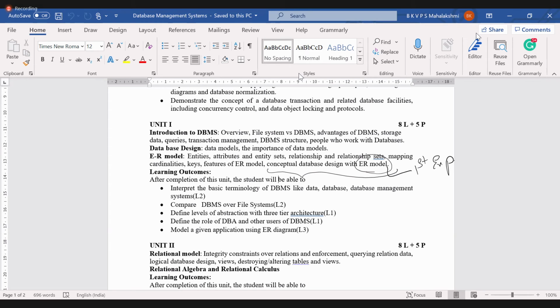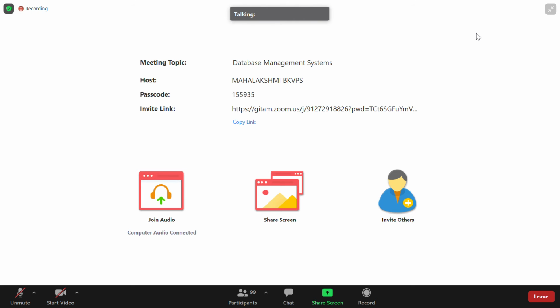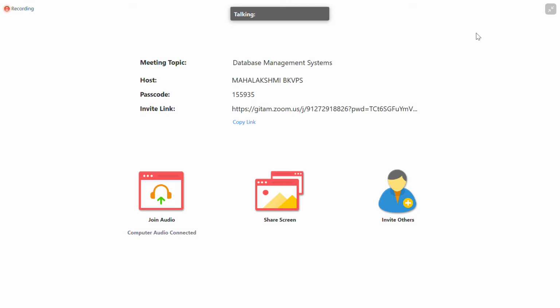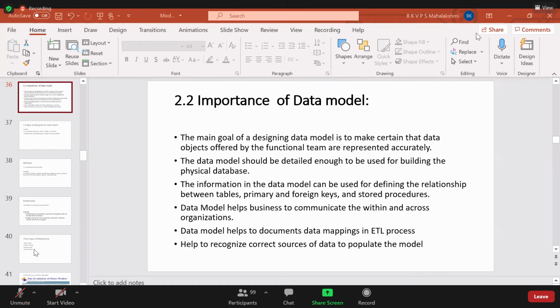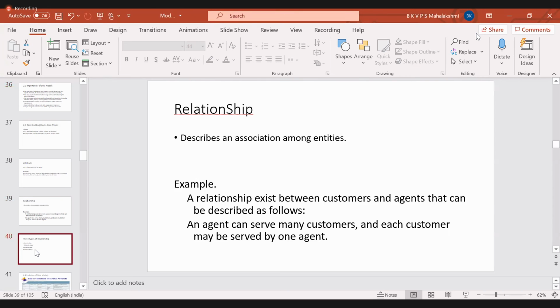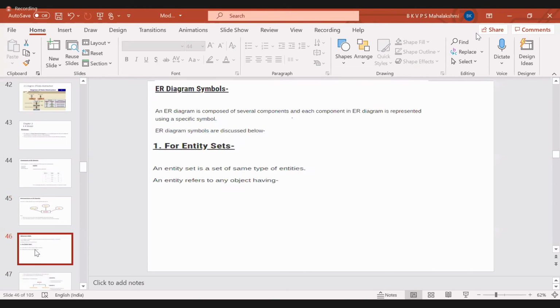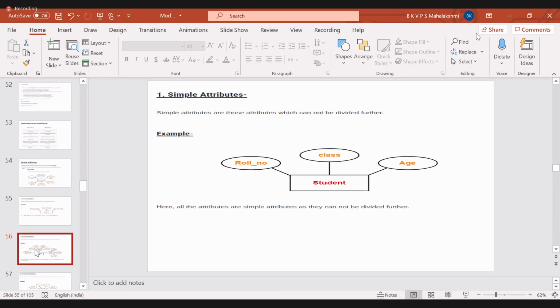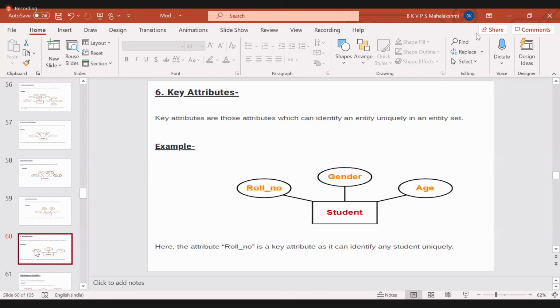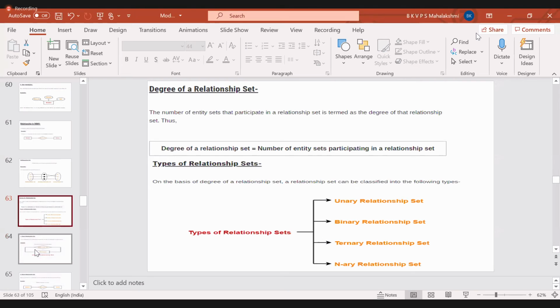Relationship sets. Up to here, right? Yes, ma'am.